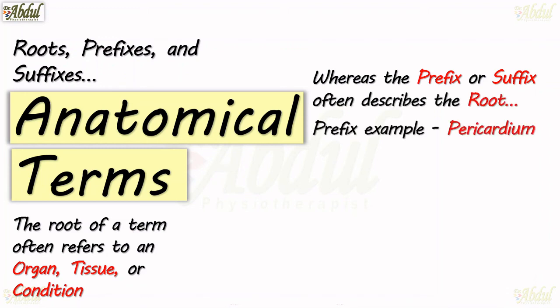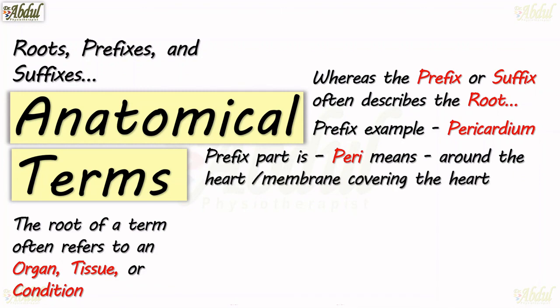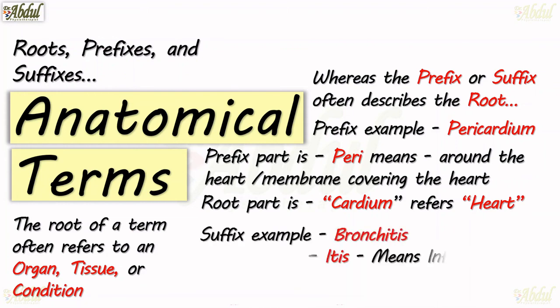Let's see an example of the prefix first. The word pericardium. Here the prefix part is peri, which means around the heart or membrane covering the heart, and the root part is cardium, which refers to the heart. So the term pericardium, having the prefix peri, is nothing but around the heart or membrane covering the heart, and cardium is a root term which refers to the heart. Similarly, a suffix example, as you can see here, bronchitis.